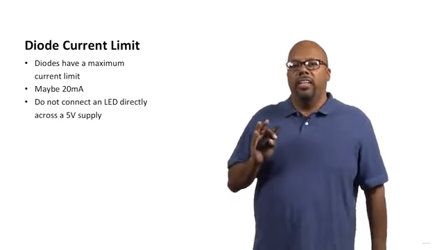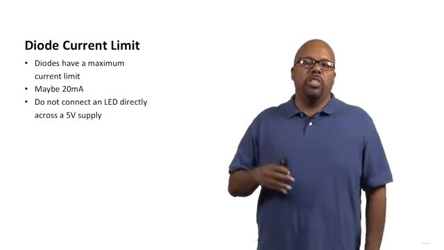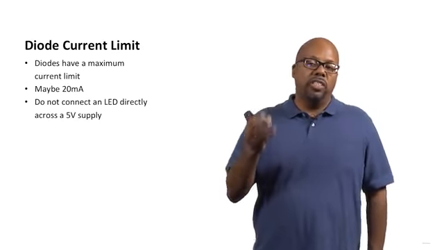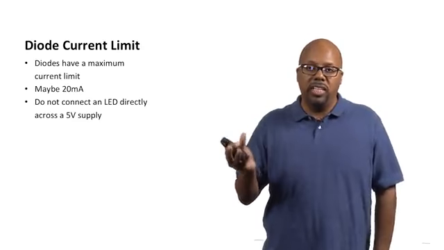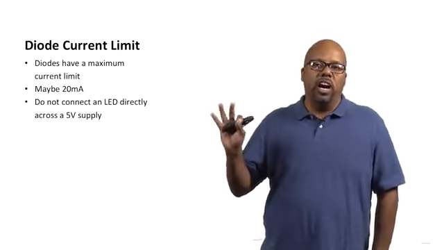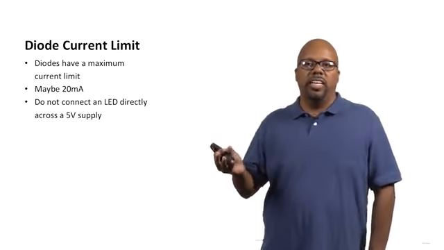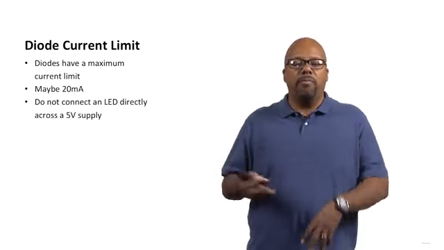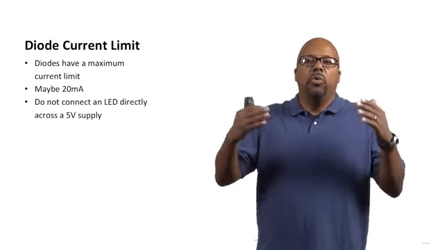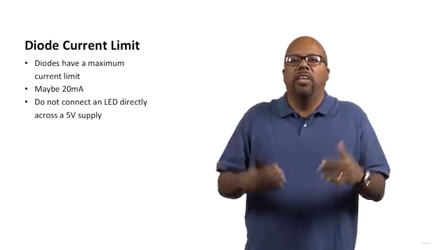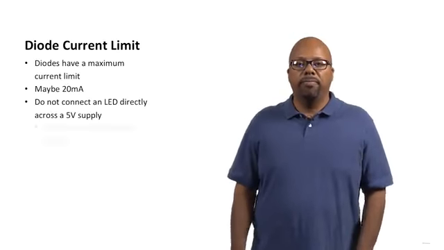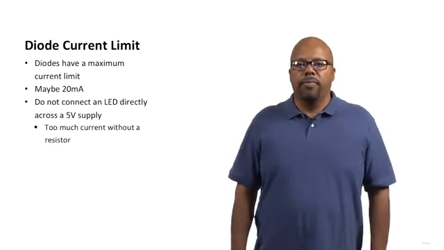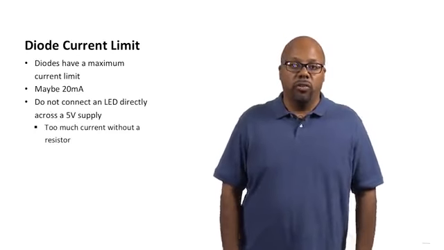So if you want to figure out the resistor to put in series with the diode, you have to figure out the on resistance of the diode, which should be in a data sheet. Then you say, that plus some resistance would keep the current less than 20 milliamps. And you can solve for that using Ohm's law. You'll get too much current without a resistor at all.